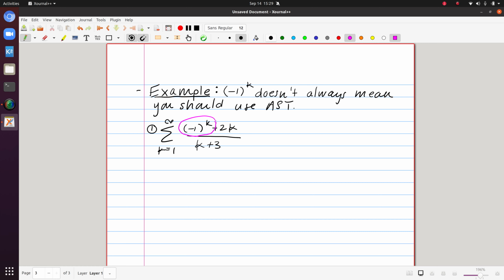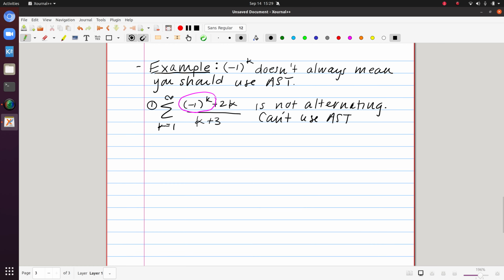And what that means here, if you were to start writing out the terms, is that you'll find that this is not alternating. This has all positive terms. So in this instance, you can't even use the alternating series test. One of the assumptions in using it is that you do in fact have an alternating series.